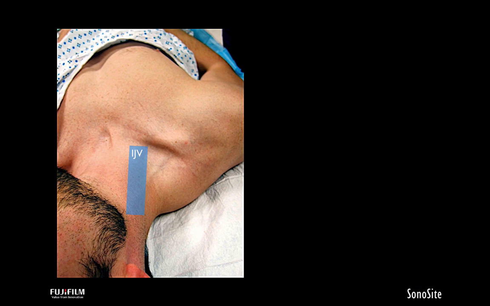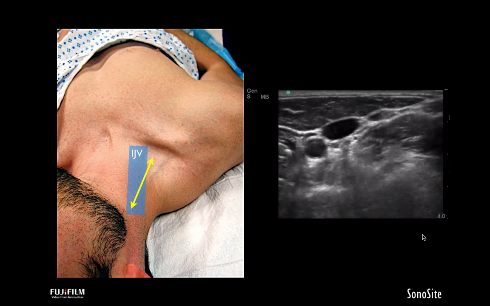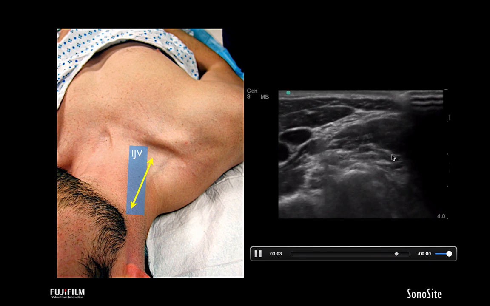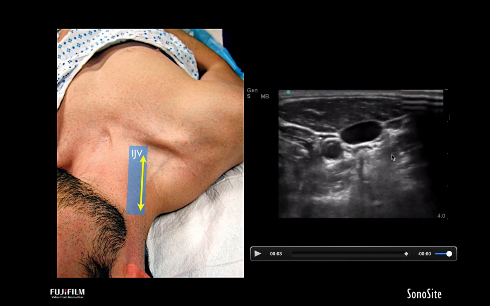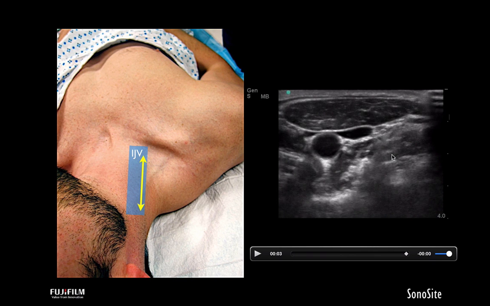Another technique: if the IJ is sitting in this anterior position and you're scanning off plane, so you're not scanning perfectly on it, you'll see that this IJ slides off the screen. That means you're not on the IJ itself. When you get the right axis, the IJ will sit right up and down. Now I know the direction of the IJ and the depth of the IJ, and I can come in and puncture perfectly clean.